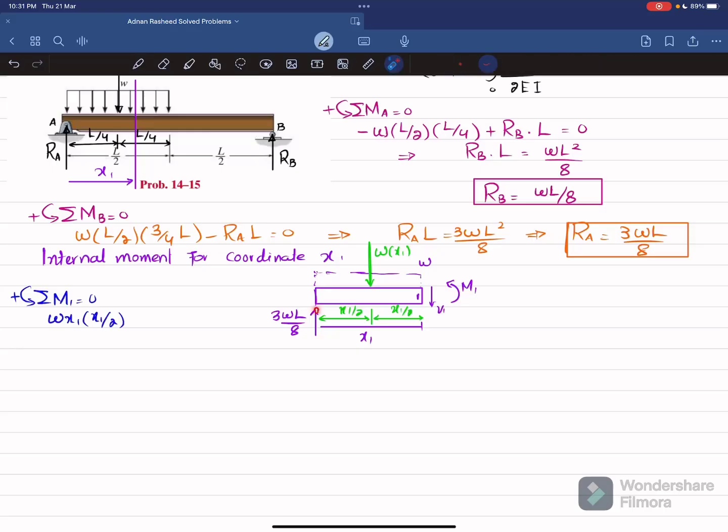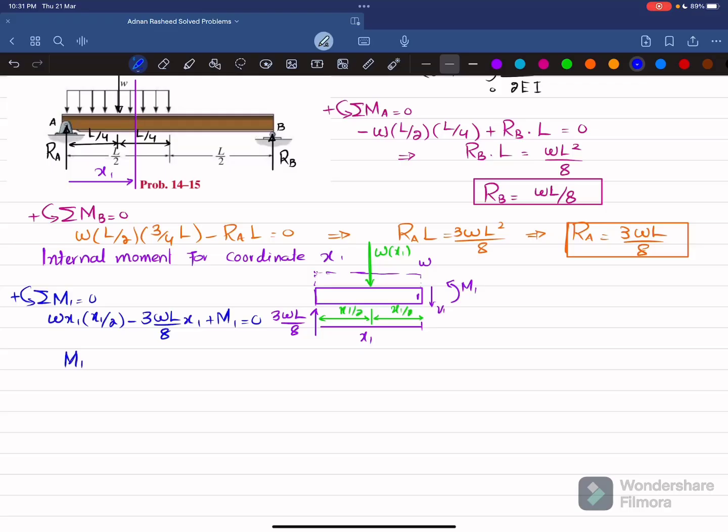The second moment is due to this load and perpendicular distance is X1 and this is producing clockwise moment, so it will be negative. So I will write minus 3WL by 8 into X1. And the last moment is, you can see, external moment M1 or reaction moment, which is counterclockwise, and that is positive, and the sum of all moments is equal to 0.